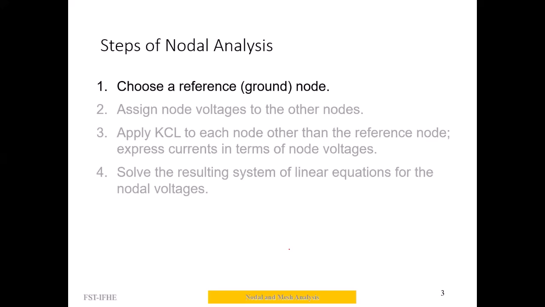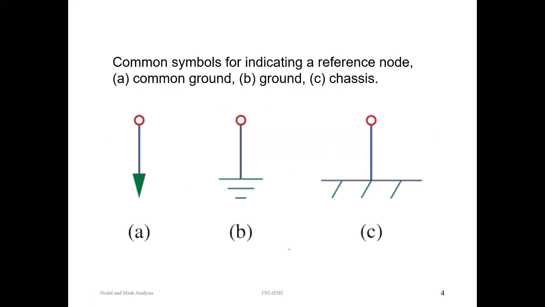Then you simplify these equations and get a set of linear equations, which can be solved by the substitution method, Cramer's rule, or with your calculator, to determine the unknown node voltages. When node voltages are determined, we can find the current through any branch or the voltage across any branch in a circuit.